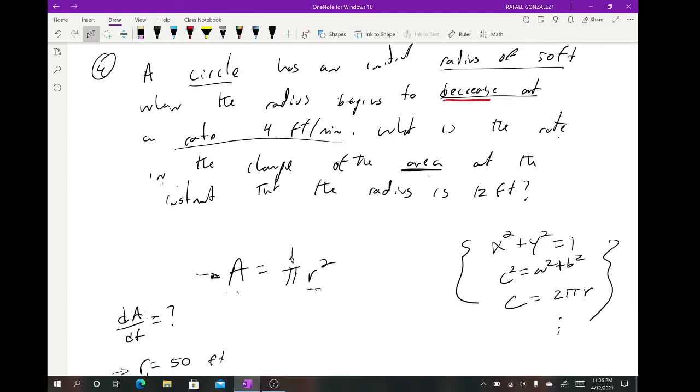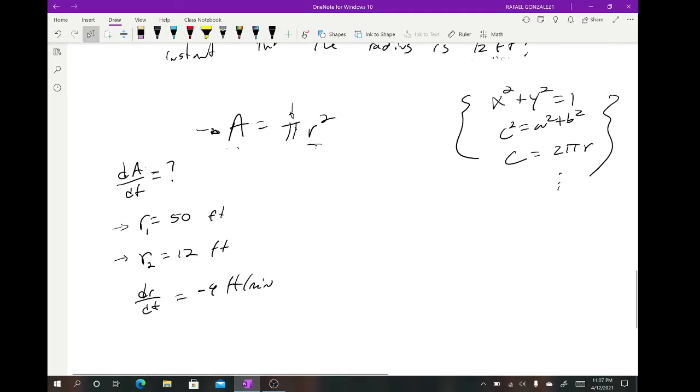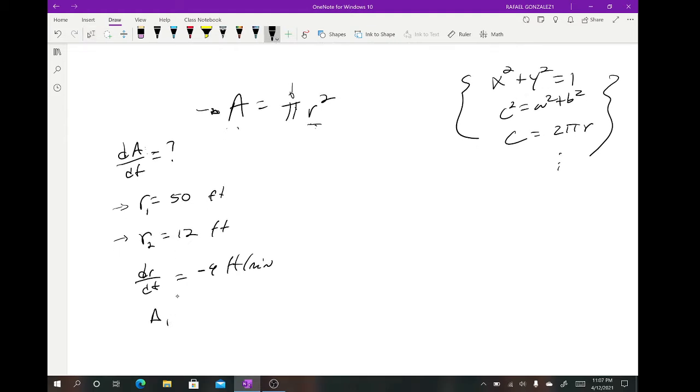So I would like to know what the area is for the time that I'm looking for. In fact, I actually want to know the initial area, and I also want to know the area when the radius is 12 feet. So let me call this A1 for the initial area and A2 for the area at 12 feet. To do this, we simply plug the radius into the area formula.